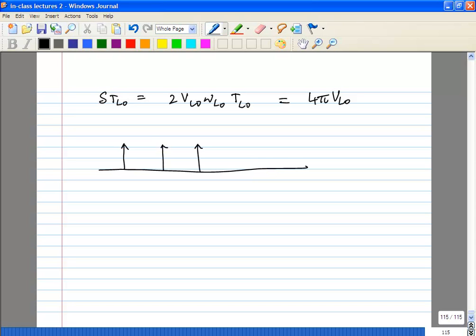You can think of this impulse train sampling your noise function, effectively that's what's happening here, times TLO over 2.